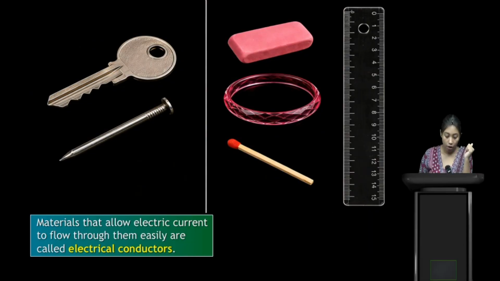Now, materials that allow electric current to flow through them easily are called electrical conductors. It's a very important definition.